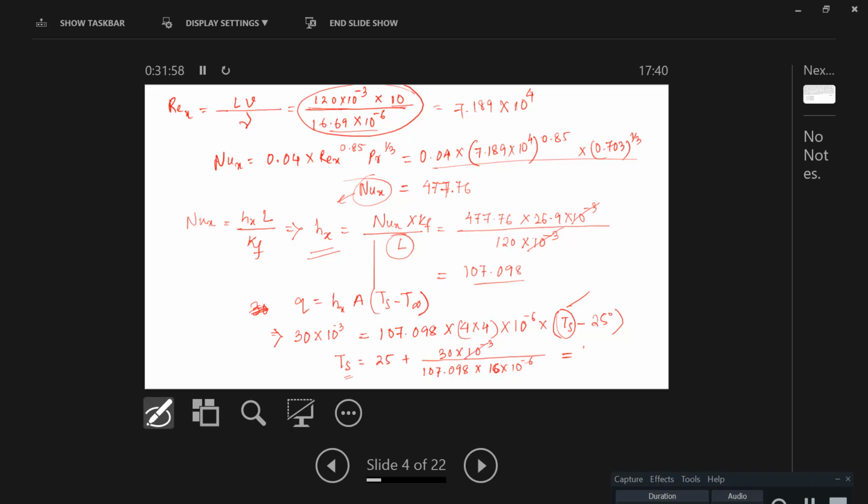This 10 to the power minus 3, if this goes up, then it will become 10 to the power 3. Then 30 into 10 to the power 3 divided by 107.098 into 16. How much do you get this?